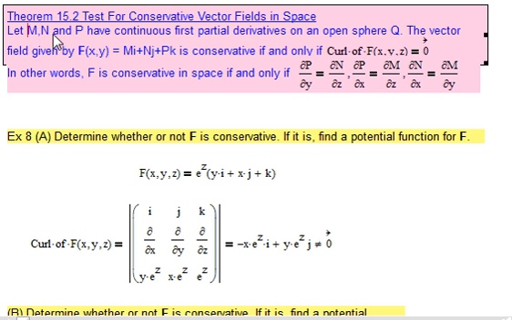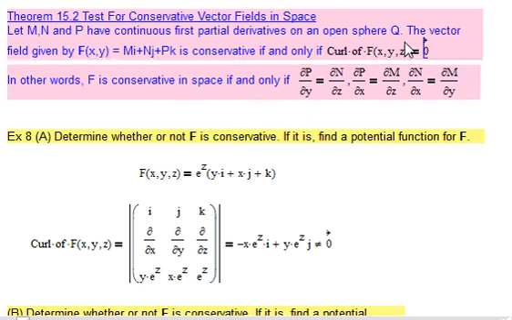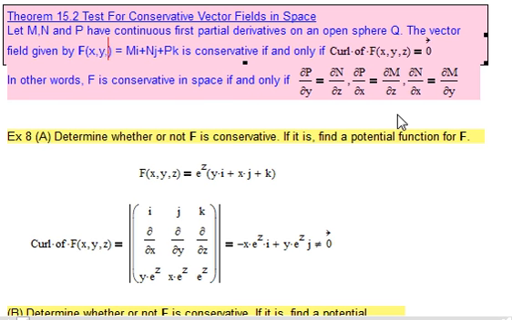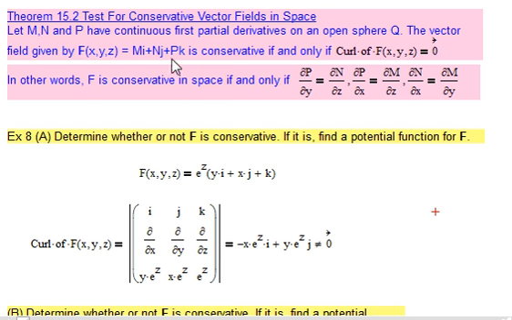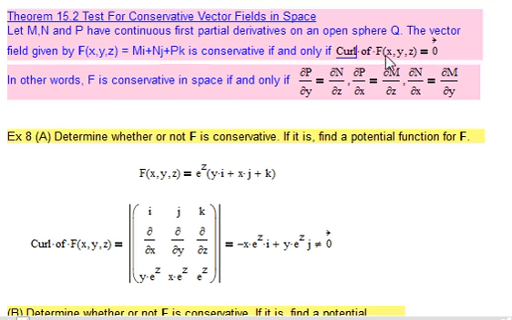If we let M, N, and P have continuous first partial derivatives on an open sphere Q, that's kind of like an open disk, then the vector field F(x, y, z) equals M i plus N, which is a function of x, y, and z, times j plus P, a function of x, y, and z, times k, is conservative if and only if the curl of F(x, y, z) is the zero vector.